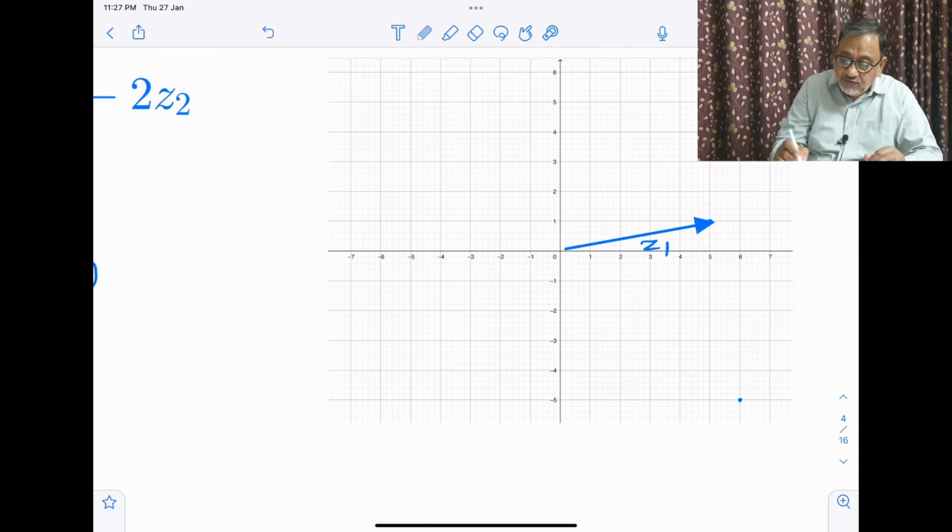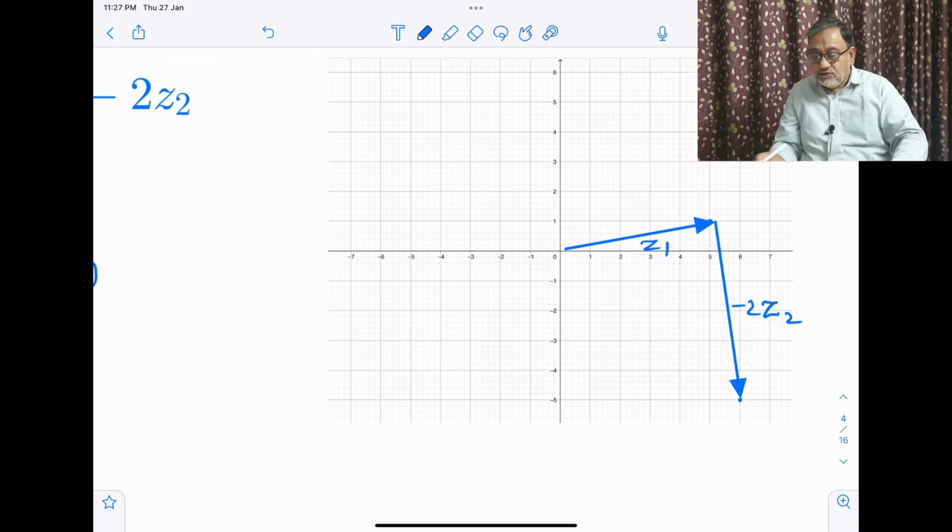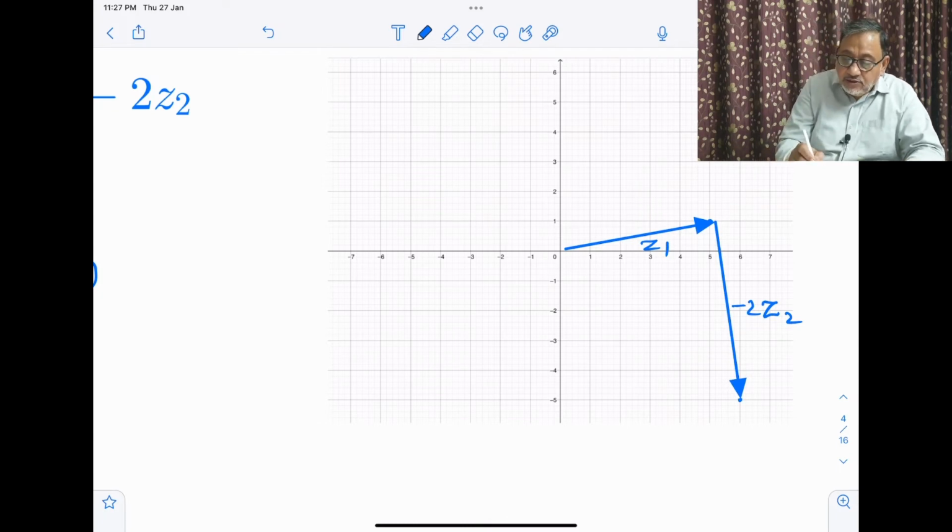So that will be our final destination of z2. So it will be something like this, okay. It is not giving me an arrow. Yeah, this is negative 2z2, because like that it is. So this is the final position. So I'll represent it like this.